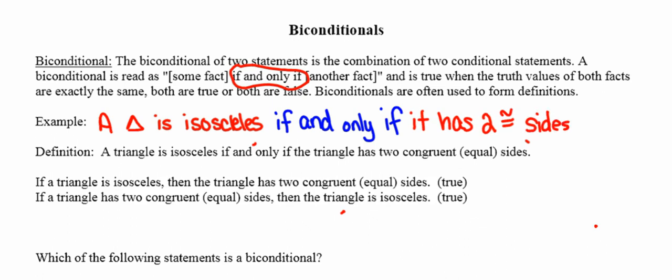So the big idea in this problem is that the connecting words are if and only if. And what that really means is if a triangle is isosceles, then it has to have two congruent sides. And if a triangle has two congruent sides, that triangle is isosceles.